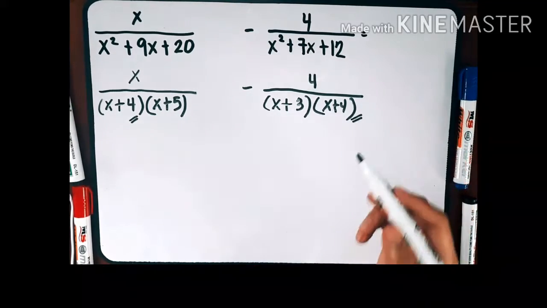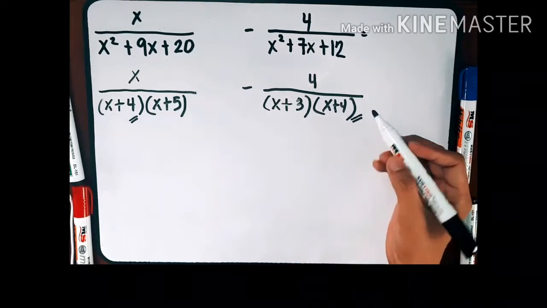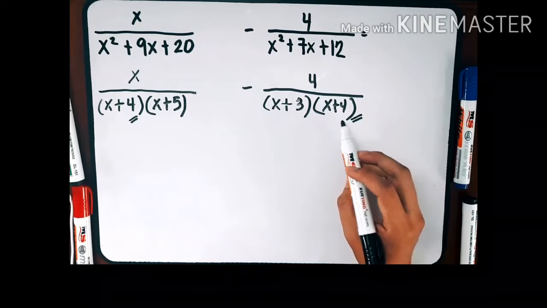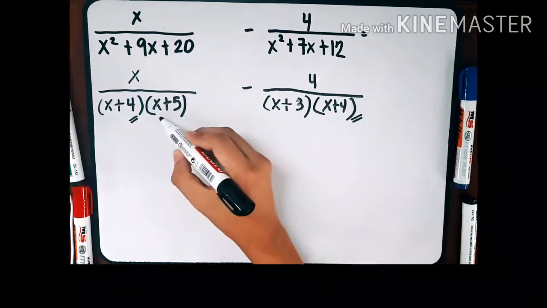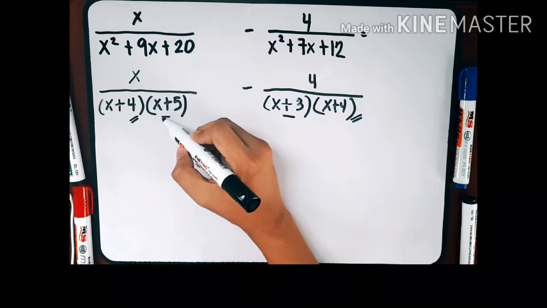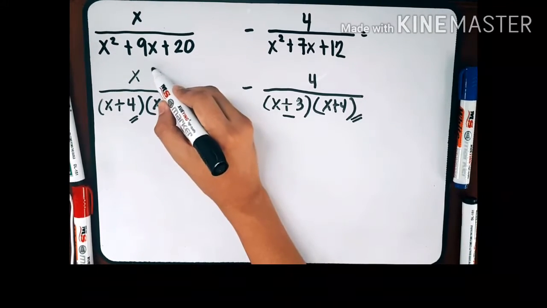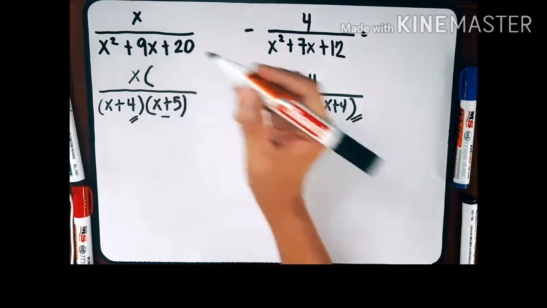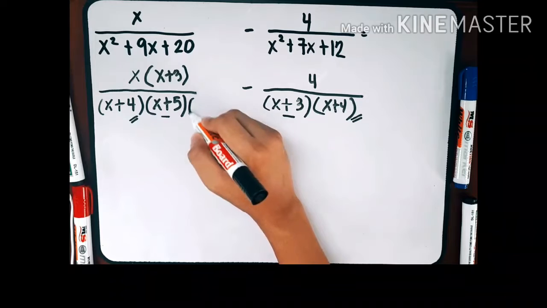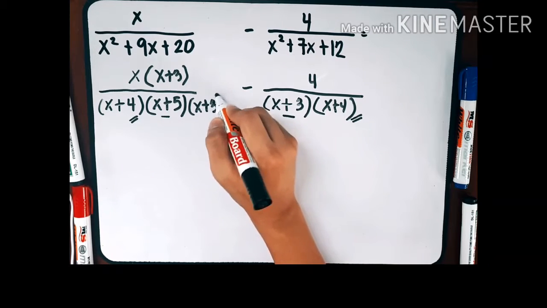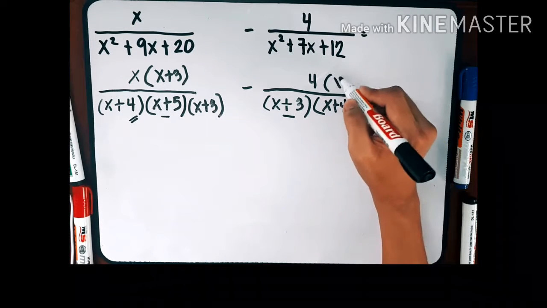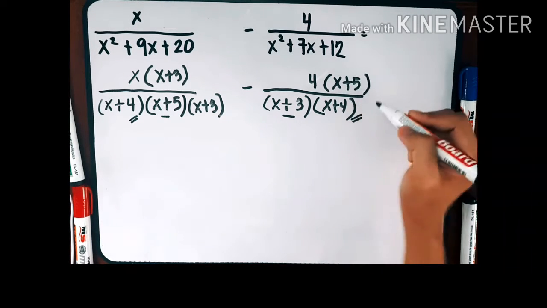Ang next step na gagawin natin is kunin yung common denominator nila. Since common na yung x plus 4, ang imumultiply na lang natin is yung x plus 5 and x plus 3. So, sa left side, multiply natin top and bottom for x plus 3, multiplied by x plus 3, while sa right side, multiplied natin siya by x plus 5.